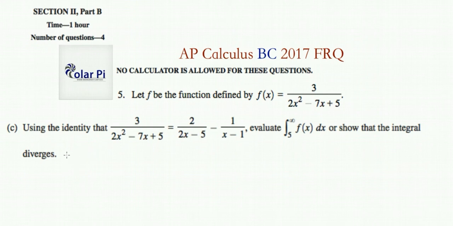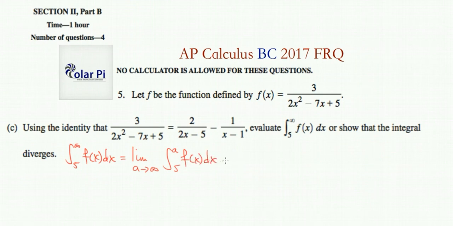All right, but otherwise, we go that the integral from 5 to infinity of f of x dx can be written with good grammar as the limit as a goes to infinity of the integral from 5 to a of f of x dx.